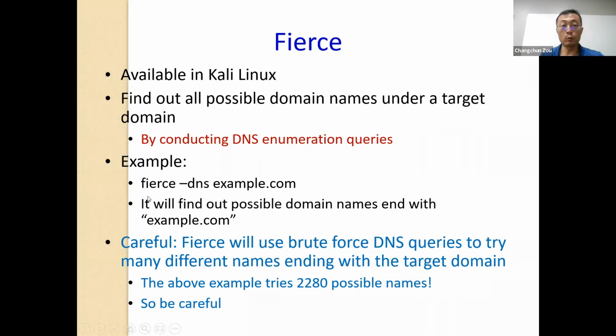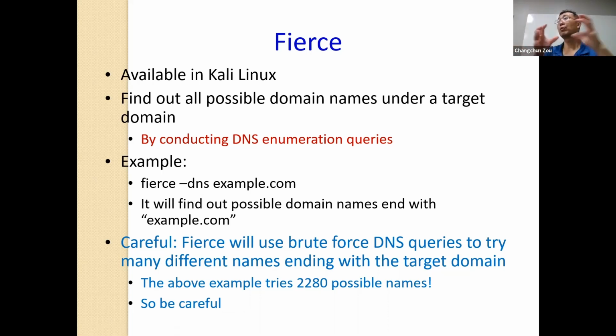The straightforward way for using Fierce is this one. However, this one is not a good way to use Fierce, because it uses a very stupid way. I think it's a very stupid way. It tries to guess the possible domain name and end up with this domain. For example, if you use fierce -dns ucf.edu, then it will guess apple.ucf.edu, orange.ucf.edu, nice.ucf.edu.